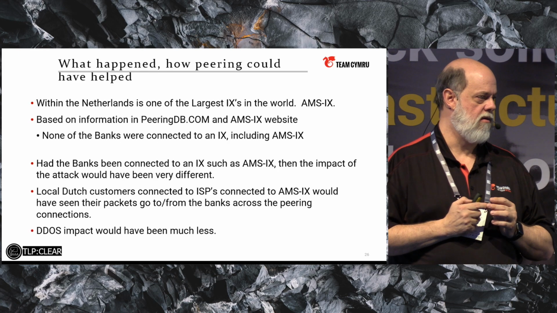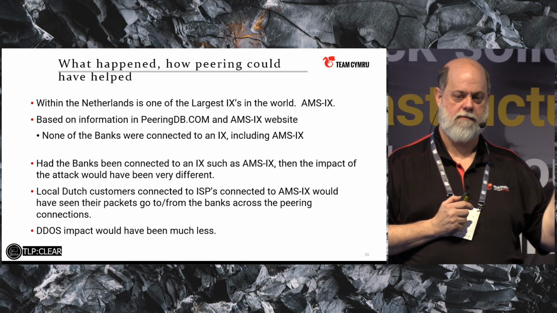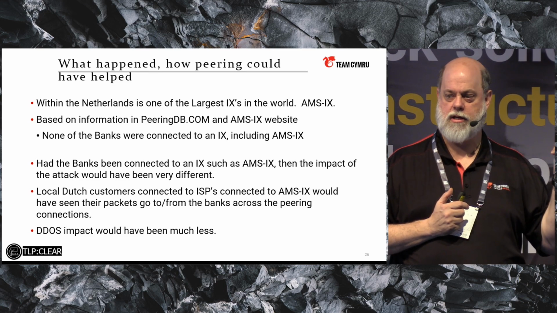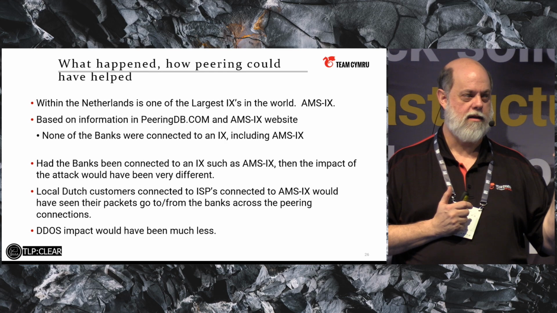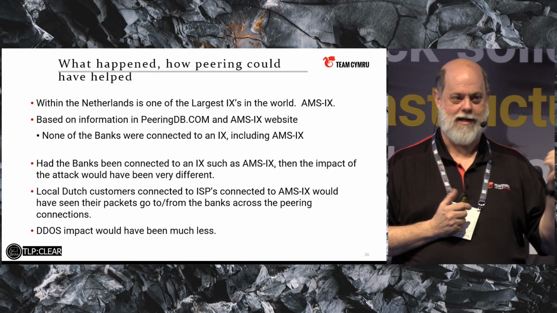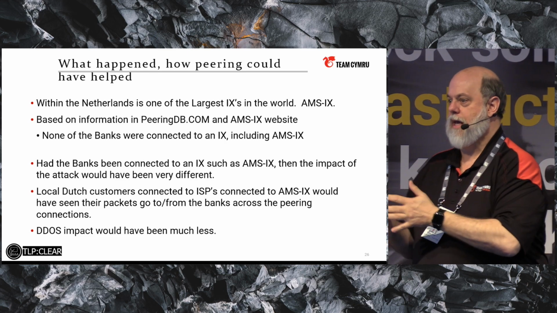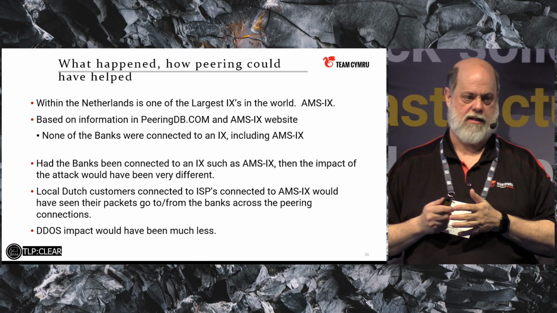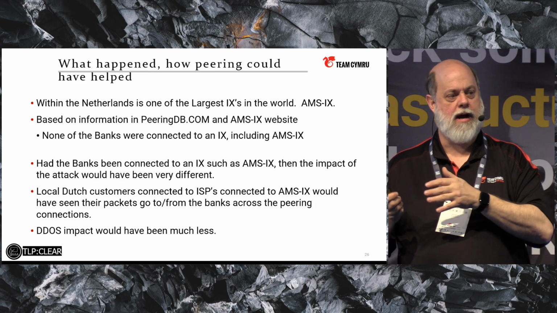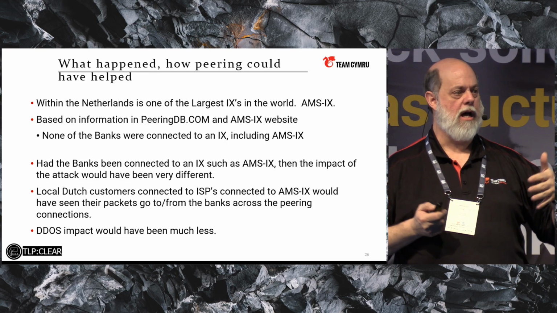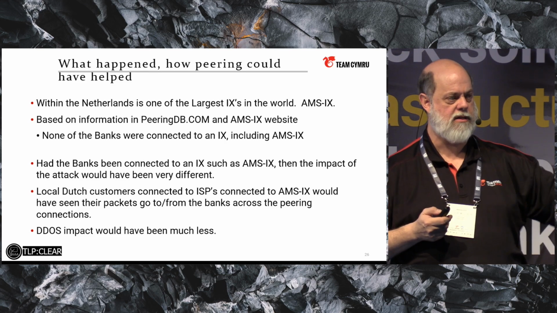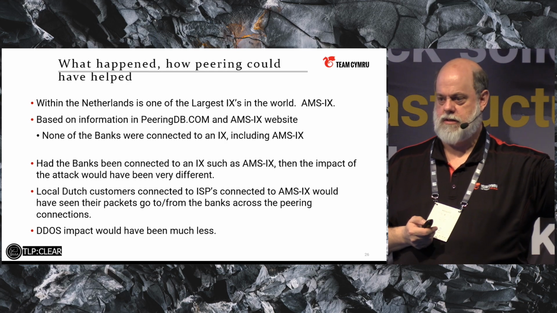They're Dutch banks. There's a fairly moderate-sized internet exchange in the Netherlands, I think, called AMS-IX, right? It's pretty dang big. None of them at that time were connected to AMS-IX, nor could I find anything where they were using a different organization to be a proxy to connect them to AMS-IX.